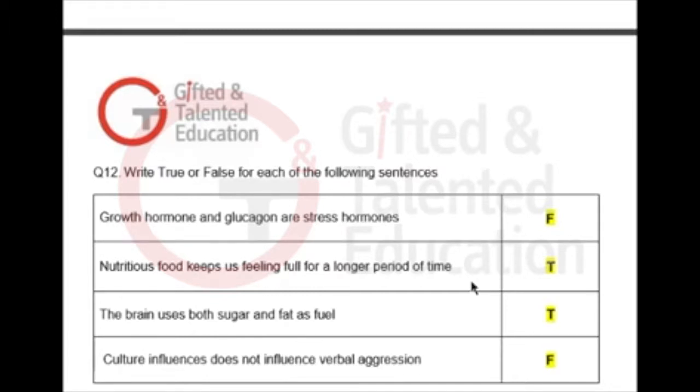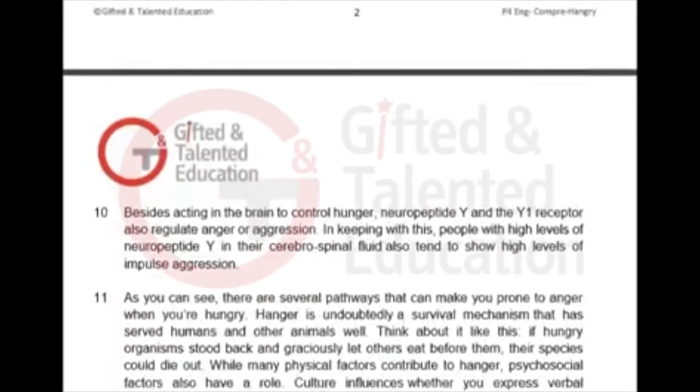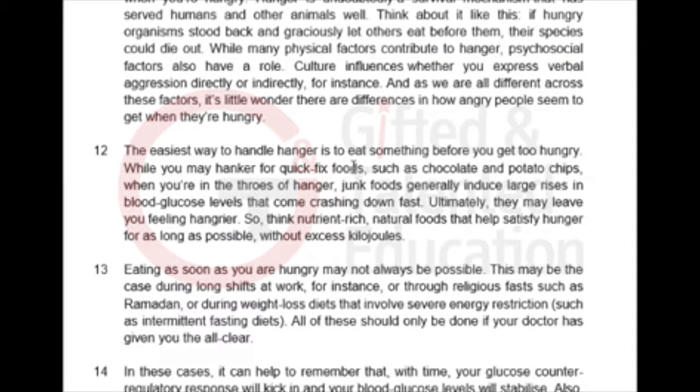The next statement: nutritious food keeps us feeling full for a longer period of time. That is quite true. Let's take a look at paragraph 12 again. Remember we learned about quick fix food?